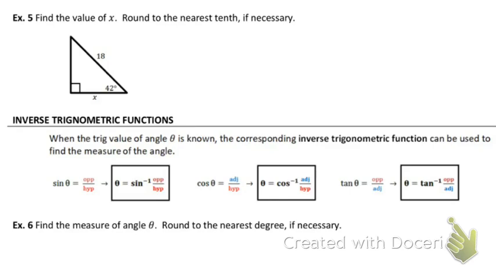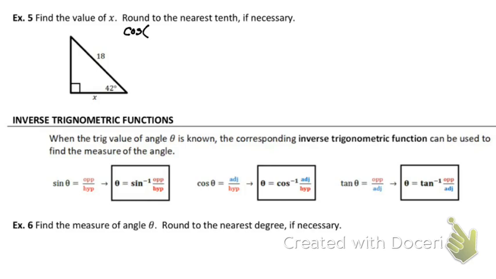All right? So we have 42 degrees. So I'm thinking, okay, we have sine, cosine, and tangent. I'm going to look at what value they're looking for. They're looking for x, and they give you the hypotenuse. Well, x is adjacent and hypotenuse. So what you should be thinking is, well, you know what?